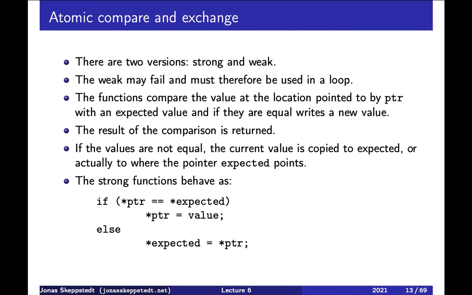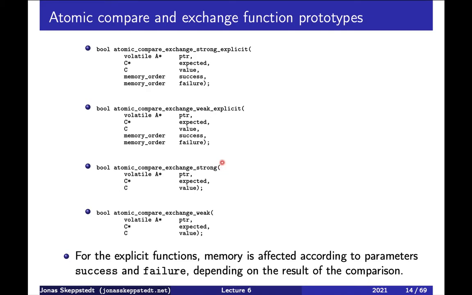Okay, now let's look at this again. As we had for the atomic exchange, we had explicit, and then we could specify a memory order, and without explicit it was sequential consistency.